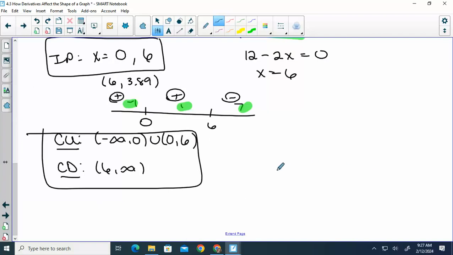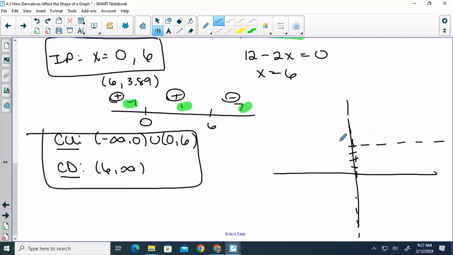Alright. So, this one, we have a vertical asymptote at 0. Horizontal asymptote at 4. Hopefully your line's a little bit straighter than mine.